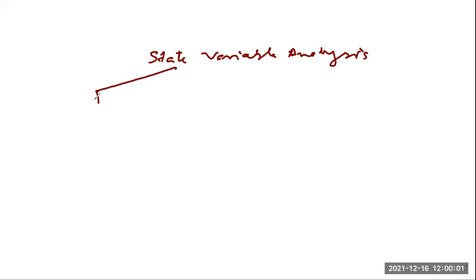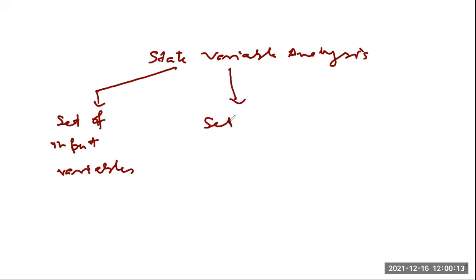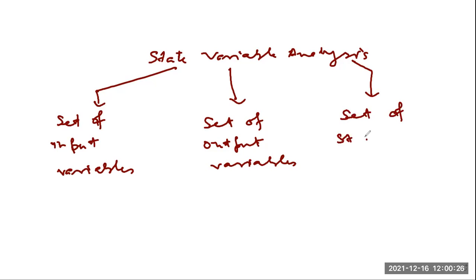First, you require a set of input variables. Second, you require a set of output variables. And third, you require a set of state variables.